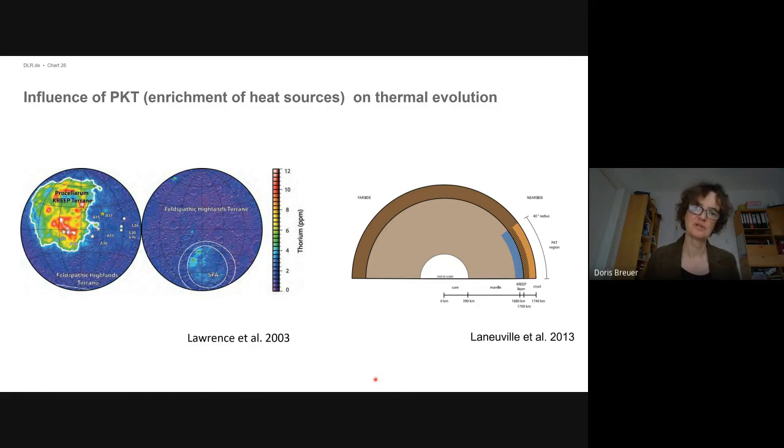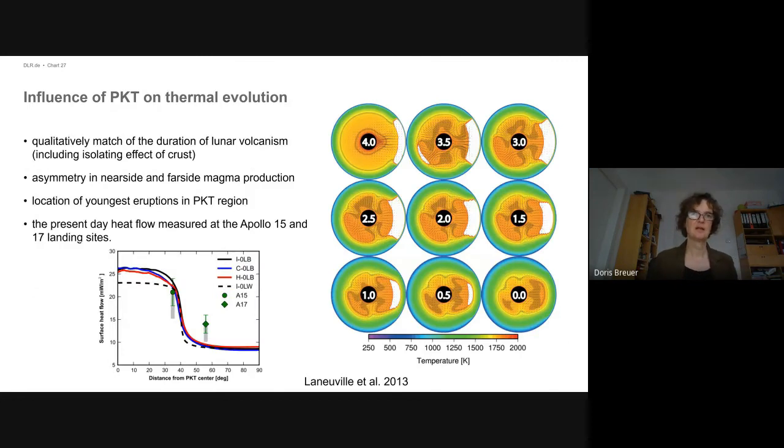It doesn't provide an explanation of how that region is formed, but it gives you an idea of the influence of such a region, and that you can see here. What you see here are temperature slices at different times, from 4 billion years ago up to the present day. This white area is where partial melt is generated. That is the region where the Procellarum KREEP Terrane is located, and that is antipodal.